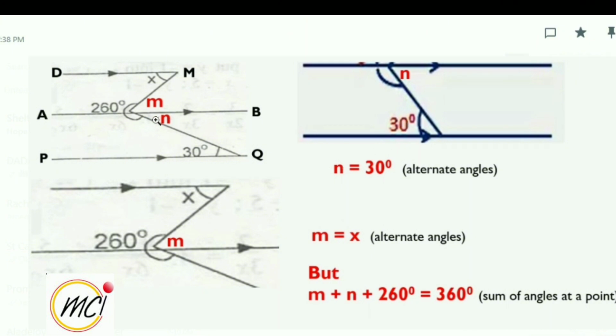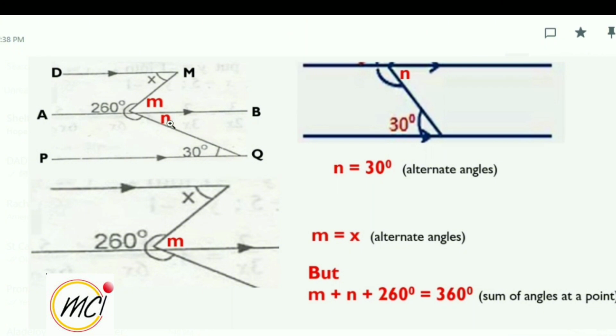Now, since N is equal to 30 degrees, and from here to here is 260 degrees, then we can know M, because the total angle at this point is 360 degrees. So add M, N and 260 degrees, and you will have 360 degrees.